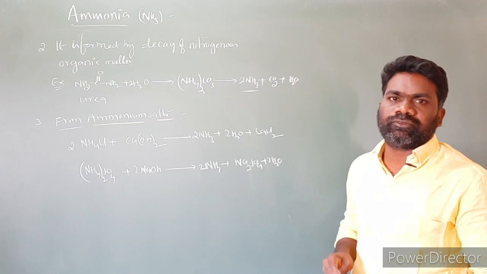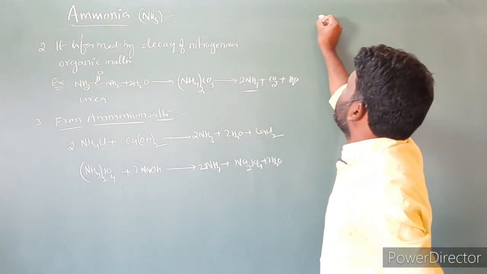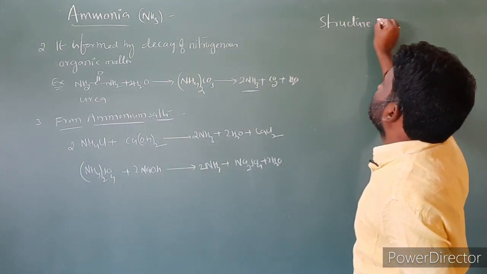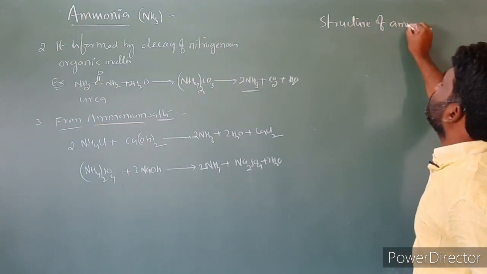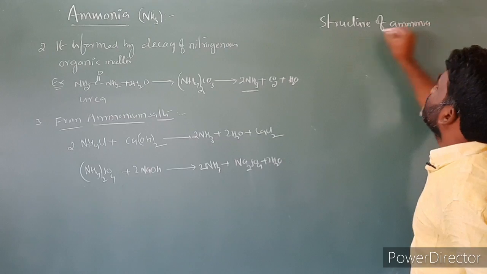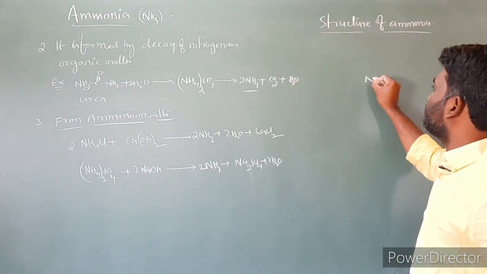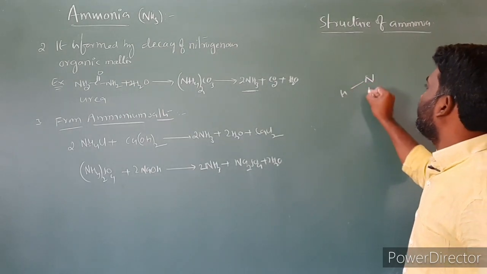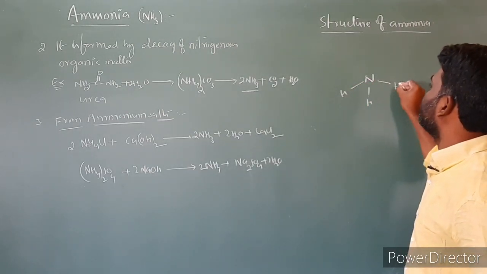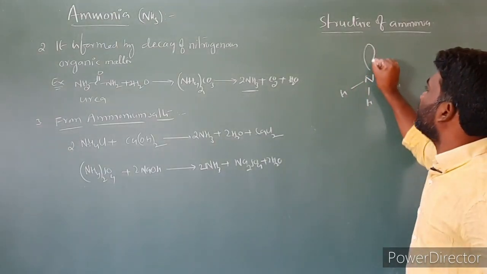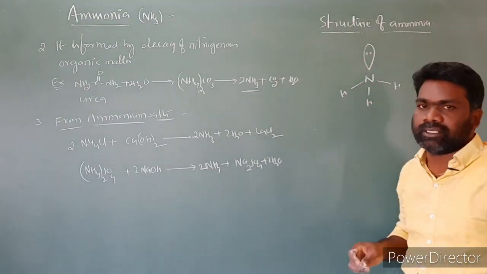Next, structure of ammonia. First I am drawing the structure of ammonia. It has a nitrogen attached to 3 hydrogens, and there is one lone pair present on the nitrogen.